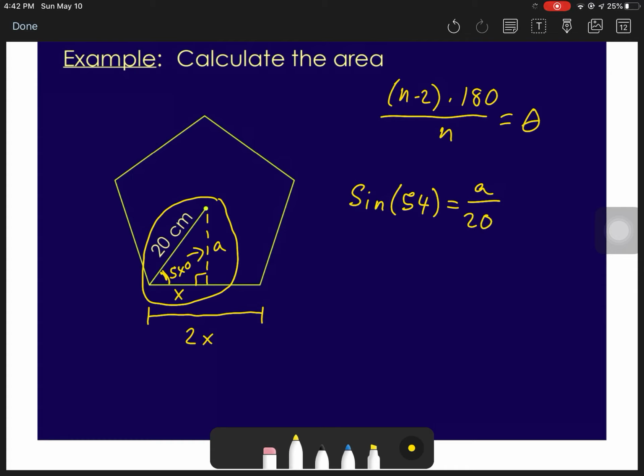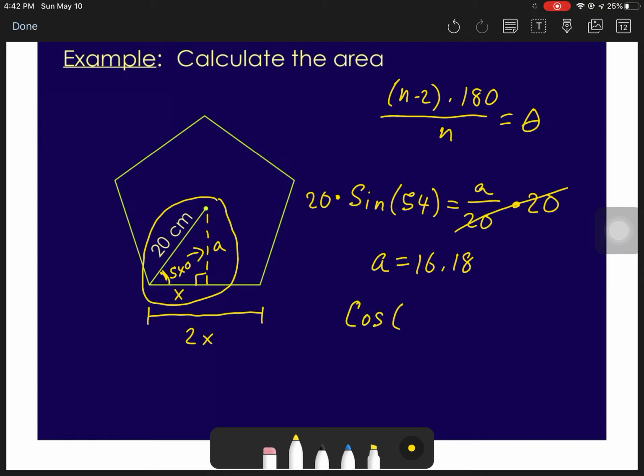So a over 20. So to solve for a, we're going to multiply both sides by 20. Sine of 54 times 20 is approximately 16.18.